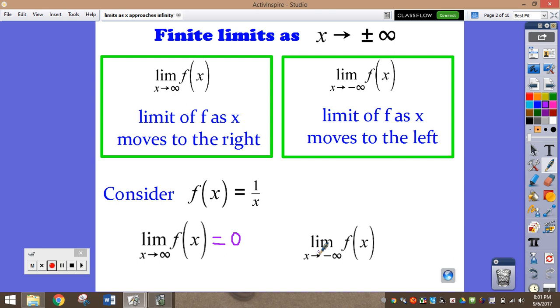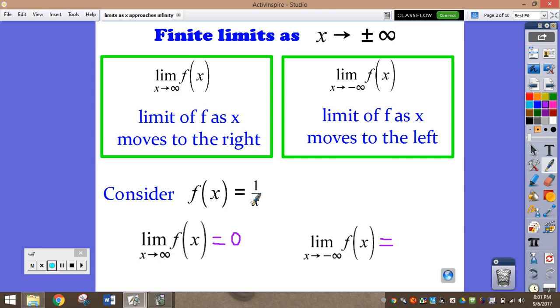And then negative infinity would be out to the left. And if I am plugging in a bigger and bigger and bigger negative number, and I guess technically since they're negative, really you're kind of making it smaller, but the numeric portion itself, without the negative, is just getting bigger and bigger and bigger.